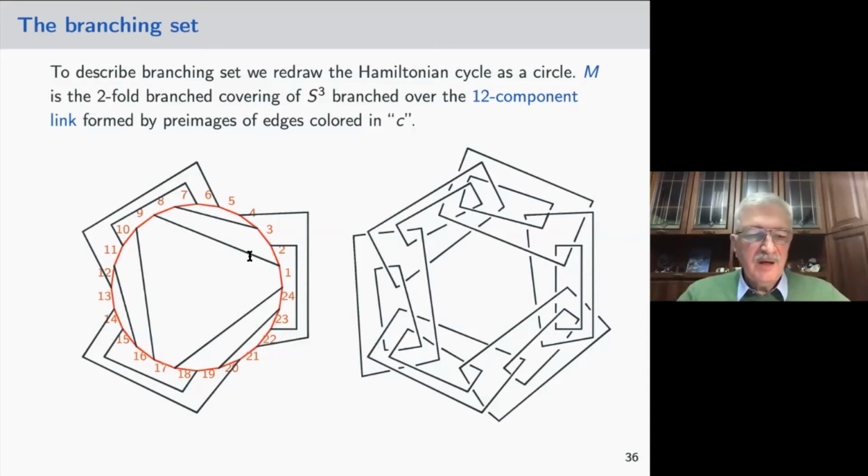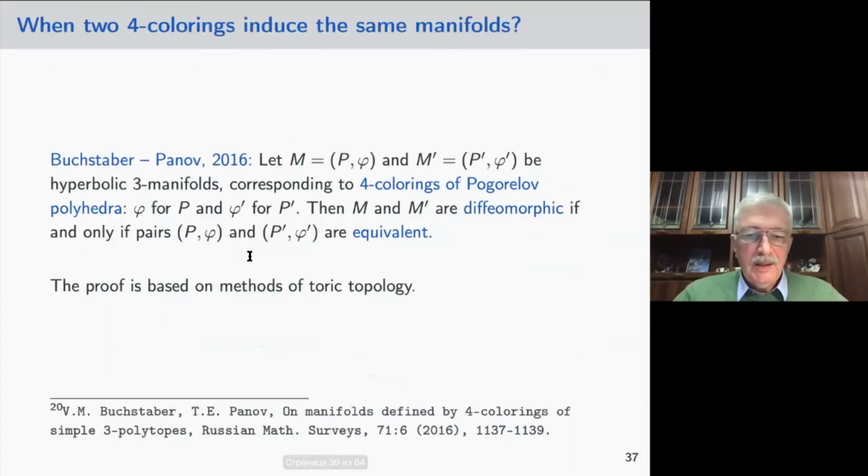And as I already told, you can apply coloring to any Pogorelov polyhedron and obtain many such examples. And the natural question to ask is about distinguishing these manifolds. Suppose you use a different coloring, or you take a different polyhedron. So when do a polyhedron and coloring give you the same manifold?